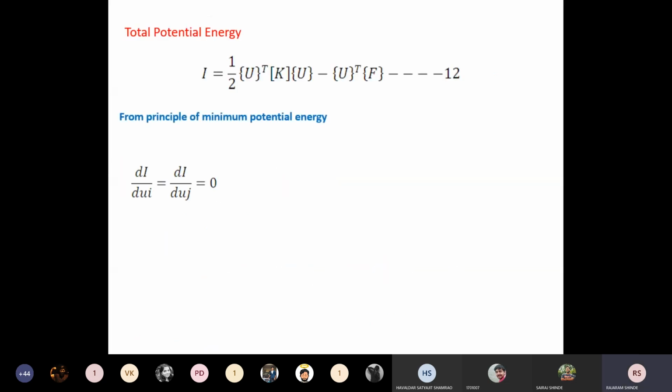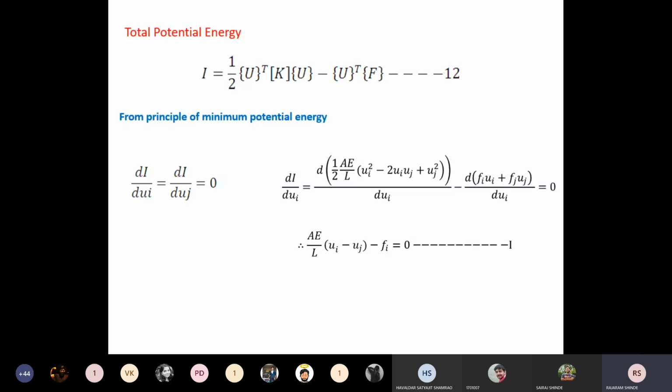Now the same equation I have taken here: half of AE by L (ui square minus 2uiuj plus uj square), minus (Fiui plus Fjuj), and we differentiate with respect to ui, that is dui.